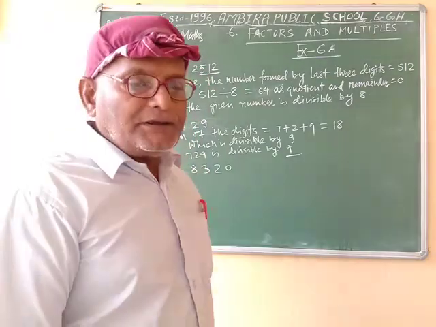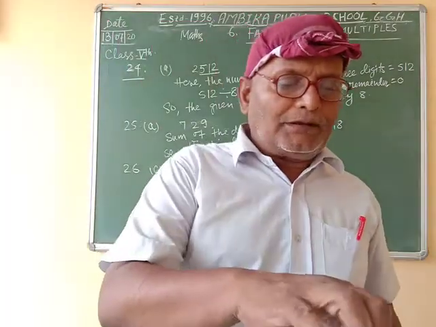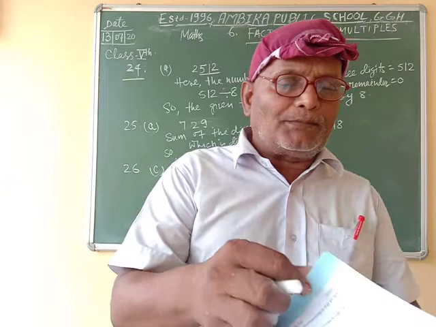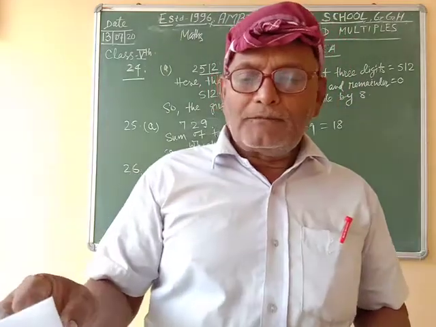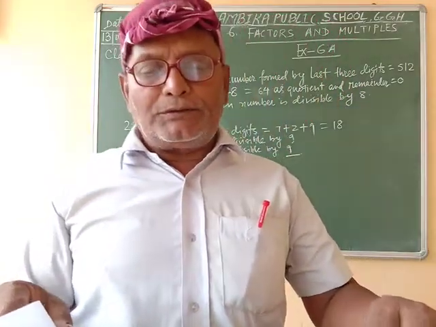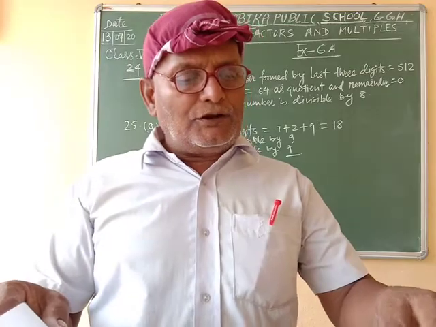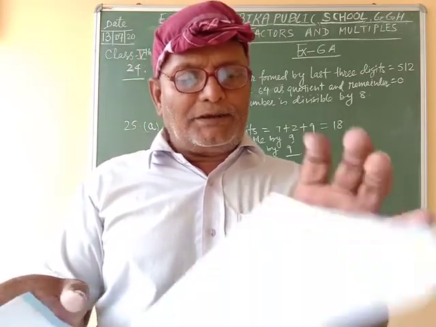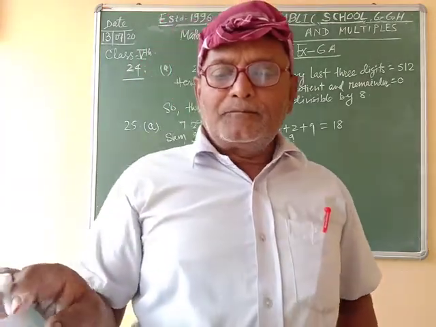A number is divisible by 10 if the ones digit of the given number is 0, then the number is divisible by 10.